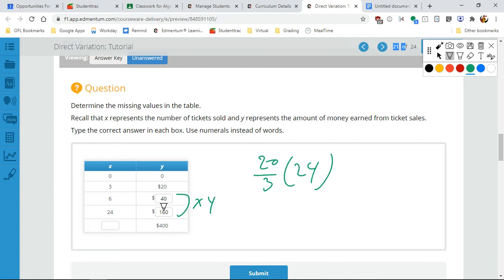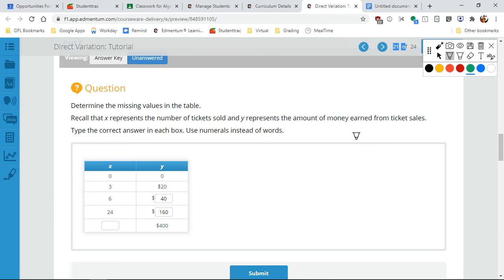I have to do 480 divided by 3. I'm just multiplying first, or if I divide first, I do 20 times 8. But I like to get it this way. I multiplied by 4. That means this I should multiply by 4.